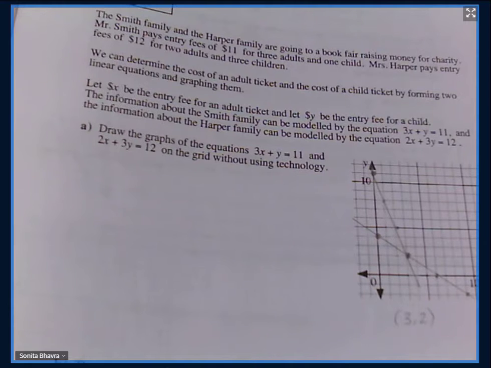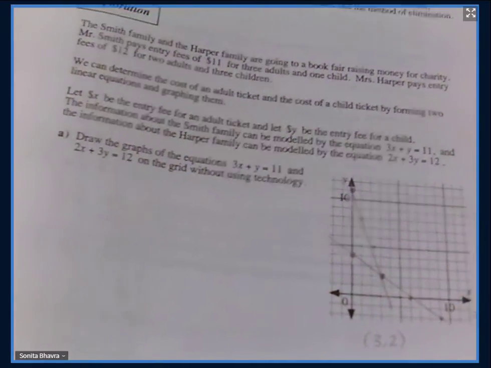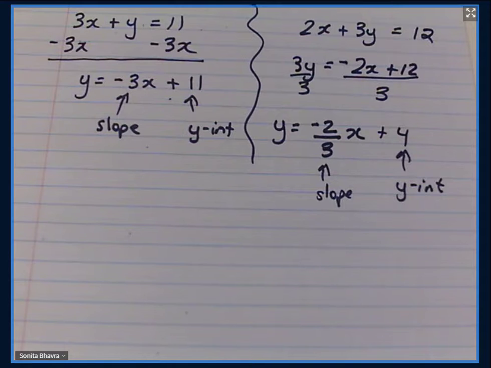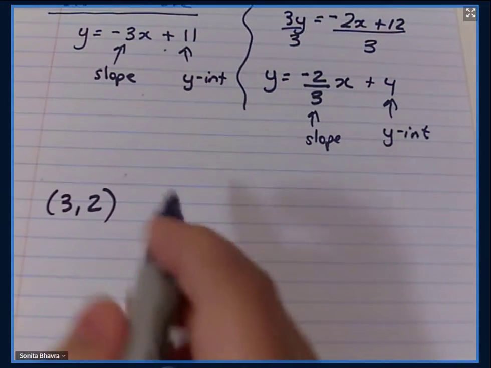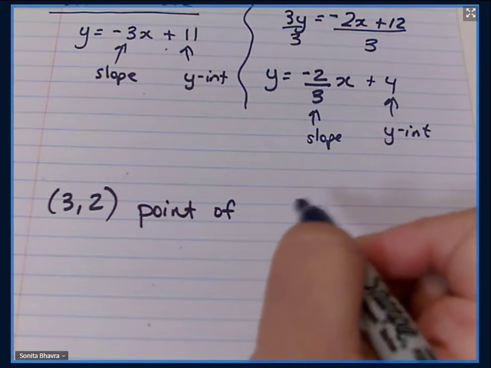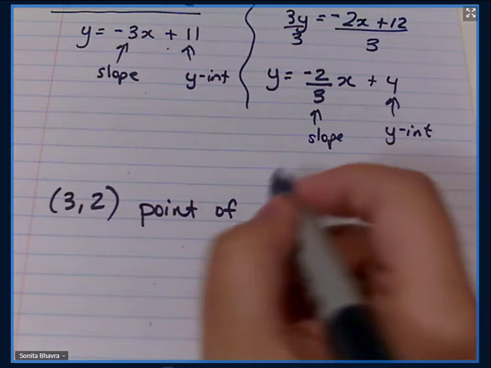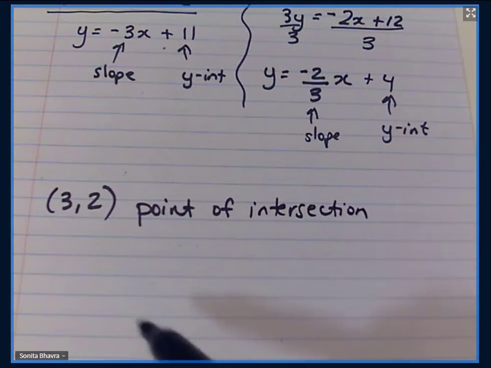So what does that point where they are intersecting mean? Recall that when we first started, we said that x represented the cost of an adult ticket and y represented the cost of a child's ticket. Since that point of intersection was at (3, 2), that's where both lines are crossing.